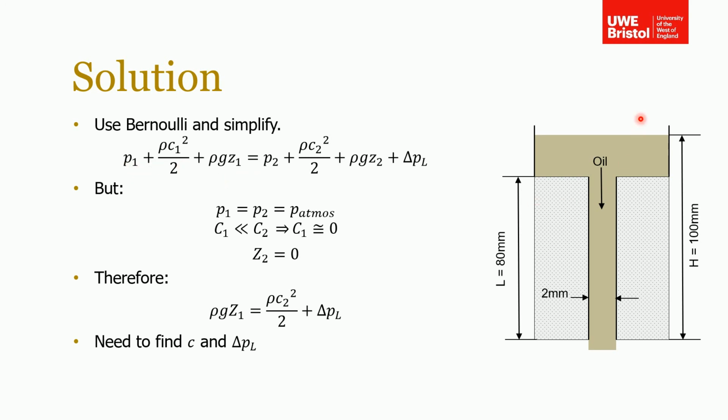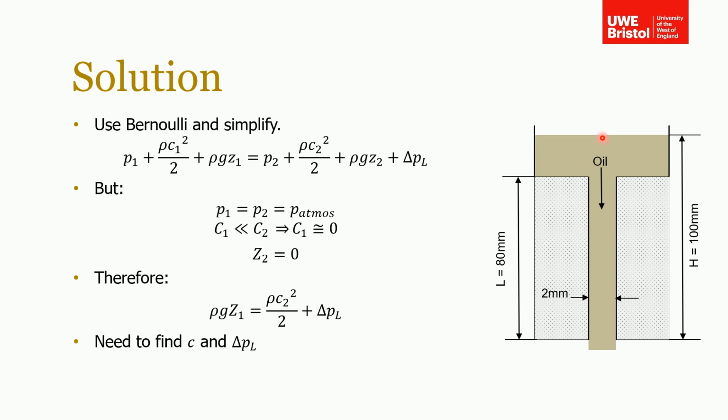We're told that the tank is in atmosphere and also the jet is discharged into the atmosphere. Therefore, P1 and P2 are both atmospheric, so they will cancel when we subtract one from the other.